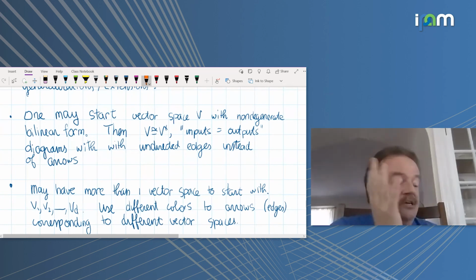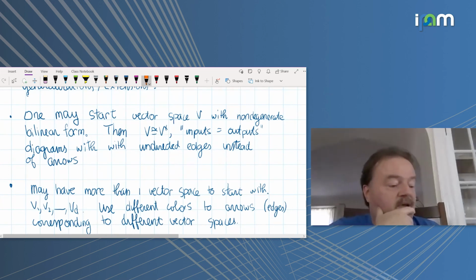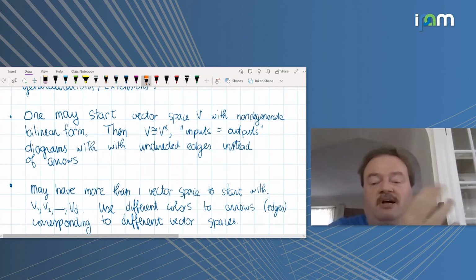So if V is a Euclidean vector space, we have a positive definite bilinear form, or Hermitian form if you work with the complex numbers. Then we can identify V with its dual, and so instead of arrows, we might forget about the direction of the arrows and just identify V and its dual space.